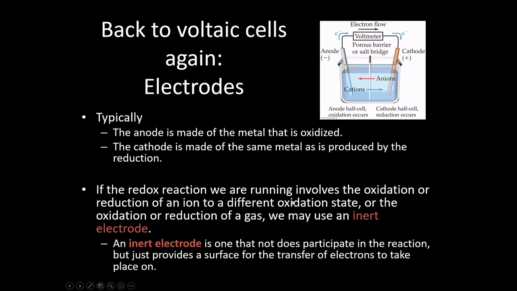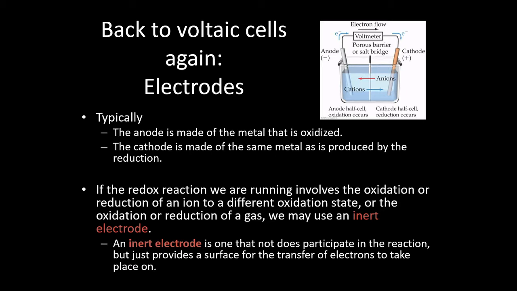redox reaction we are running involves the oxidation or reduction of an ion to a different oxidation state, or the oxidation or reduction of a gas, sometimes we have to use what's called an inert electrode. Essentially, if, for example, we're going to have reduction involving hydrogen gas, well, we can't have a stick of hydrogen gas.